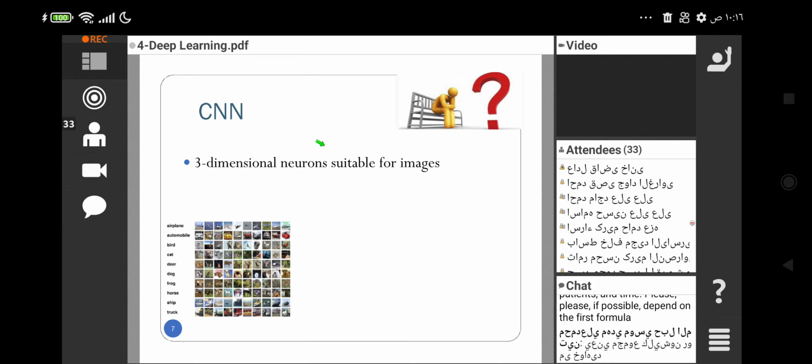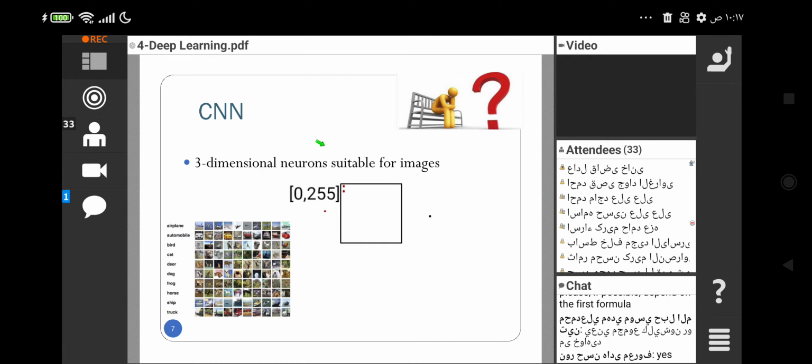You understand? The number of inputs in CNN is less than the number of inputs in a normal neural network, because here we have three-dimensional neurons.